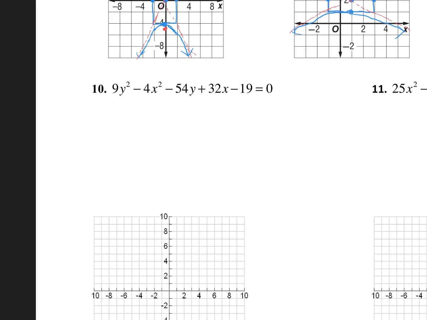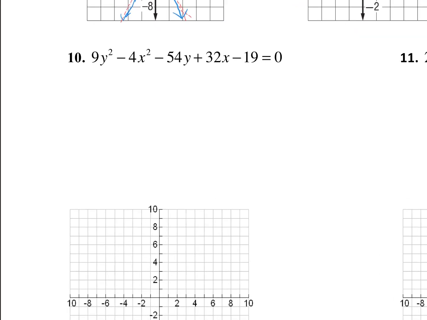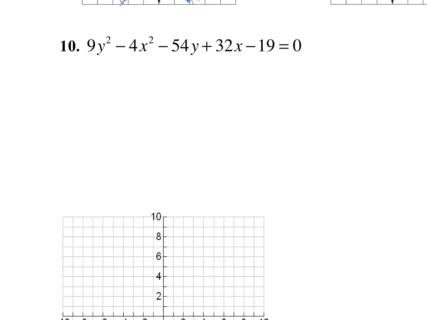For number 10, the equation is not in the form we want it to be in, so we're going to have to rearrange it and complete the square. So I put the y's together, and then I'm going to leave a gap, put the x's together.